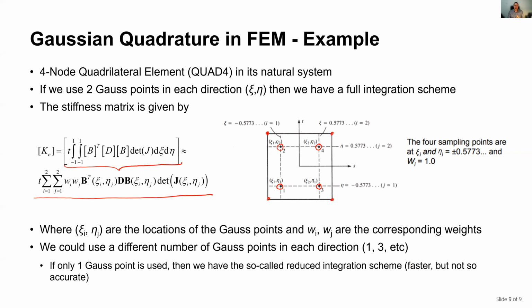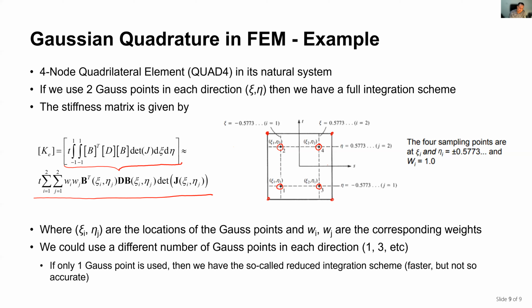If I use 2 points per direction, then I call this a full integration scheme, which leads to 4 calculations at these 4 points that you see here. While if I use only 1 Gauss point per direction, which means that it is 1 point in general, then this is called a reduced integration scheme. So by using 2 points per direction, I have these 4 points.